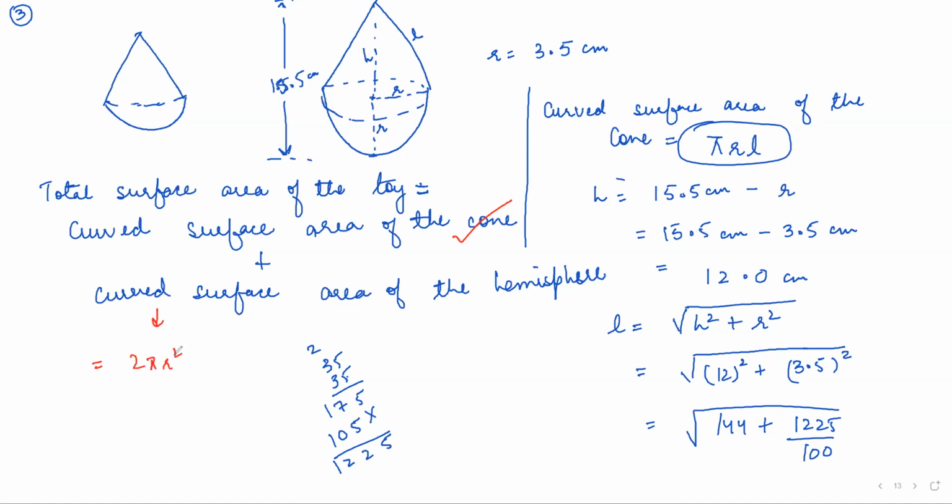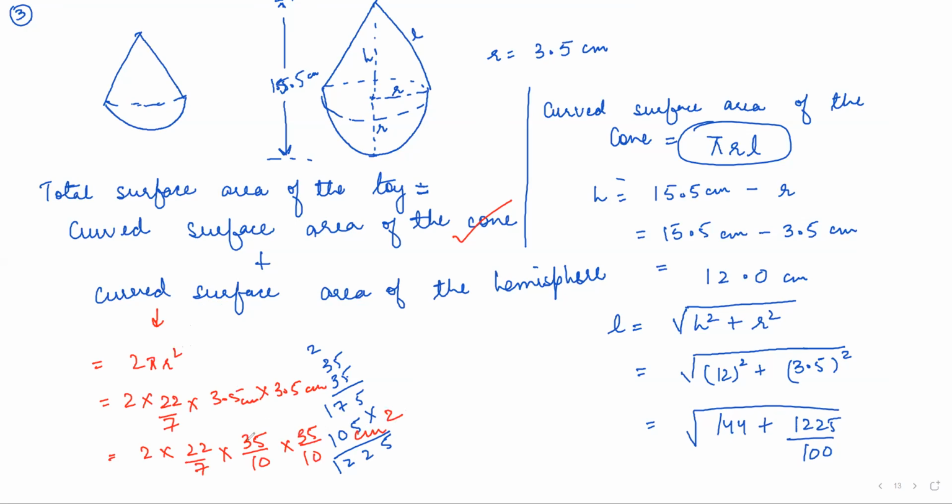Good. So put here, 2 into 22 by 7 into r square, means 3.5 into 3.5 centimeter into centimeter. So again, remove decimal, that is 35 by 10 into 35 by 10 and centimeter square.